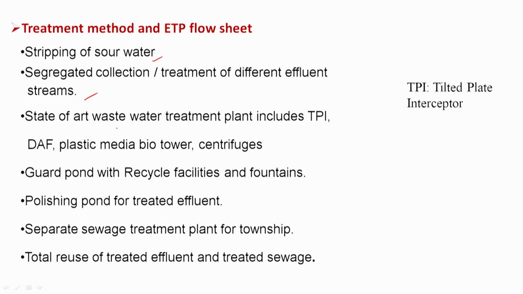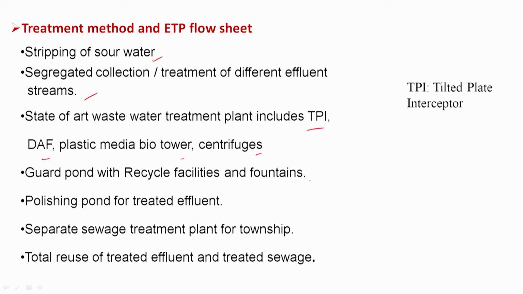A state of the art wastewater treatment plant includes TPI, the tilted plate interceptor, used for the removal of oils, and DAF, the dissolved air flotation, used to break the oil-water emulsion, plastic media in the biotower to improve the performance of the biological reactors and processes, and centrifuges for dewatering, guard pond and recycle facilities and fountains.